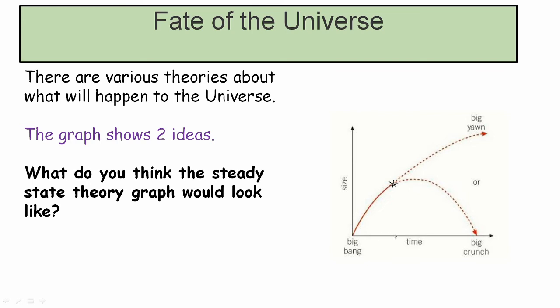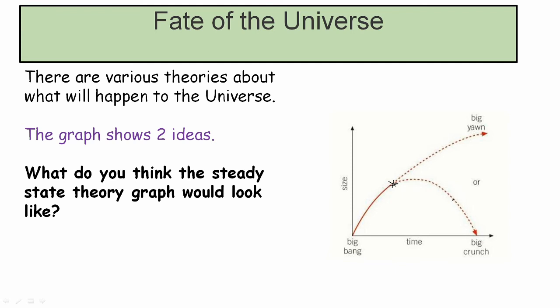So from the Big Bang to now is 13.8 billion years. But what might happen? So it could be a case that the universe carries on expanding, and that's called the big yawn, that the universe is getting wider and wider.